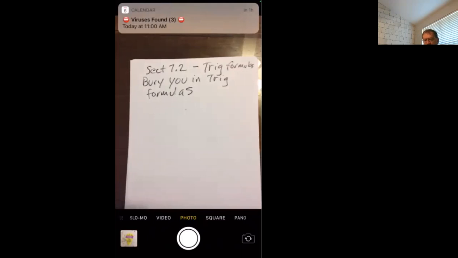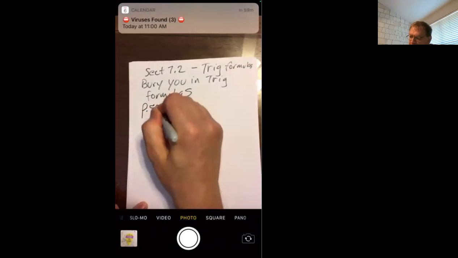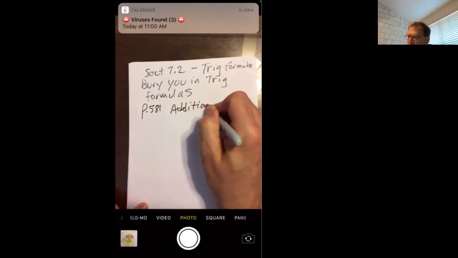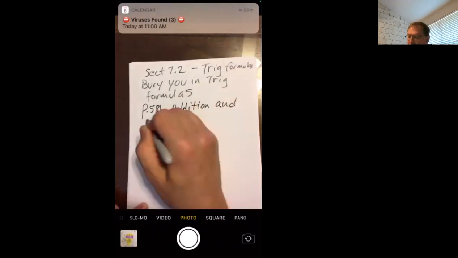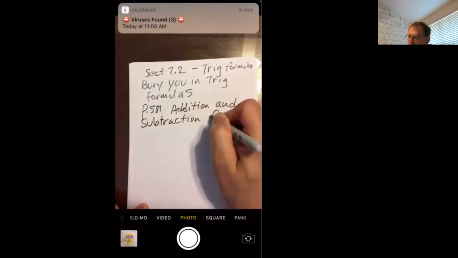The first set of them are called addition and subtraction formulas. Page 581, addition and subtraction formulas.